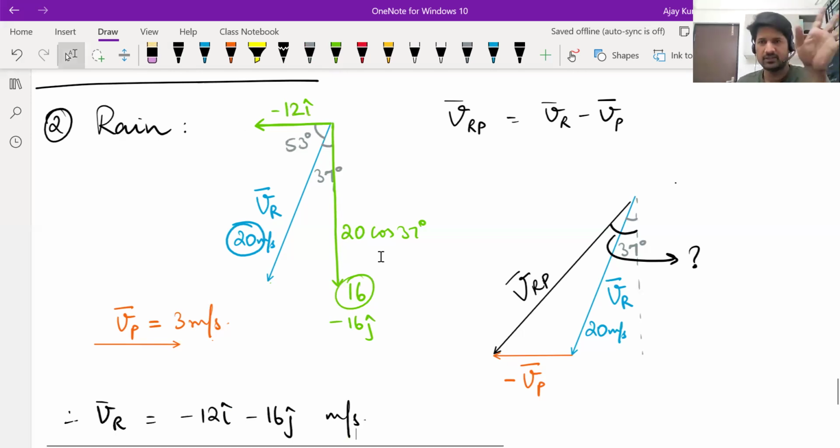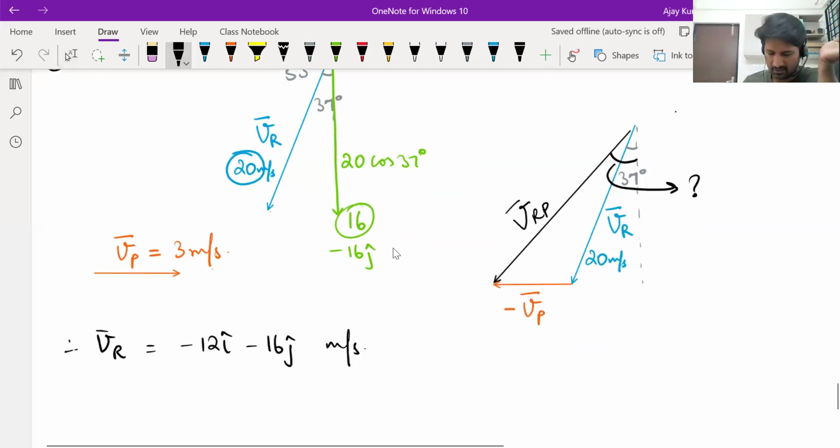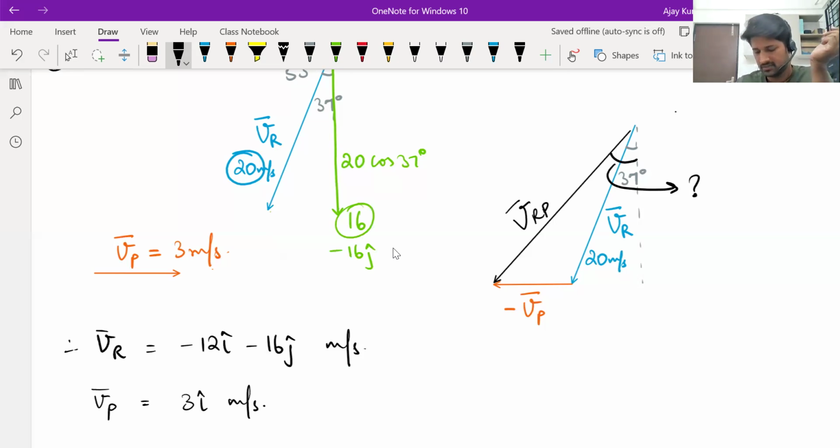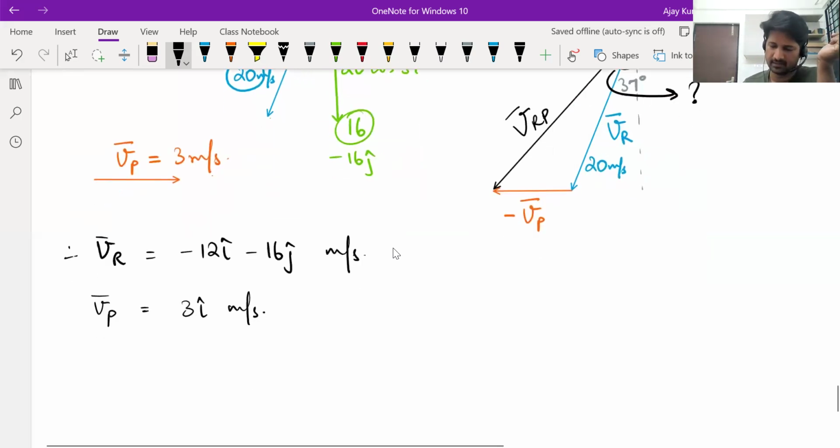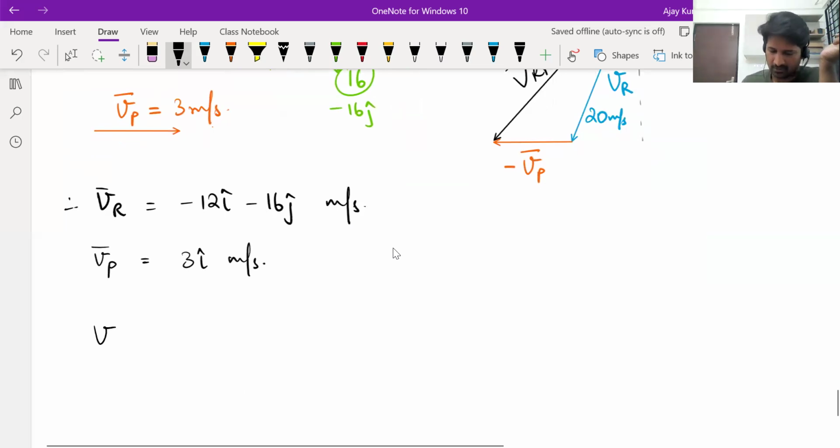Okay, we still didn't calculate relative velocity. The rain velocity itself is this much. And the person velocity you can write directly. Since it is to the right, it's easy to express: 3 i cap meters per second. Okay. Vanilla, you tell me, what is the velocity of rain with respect to person as a vector?